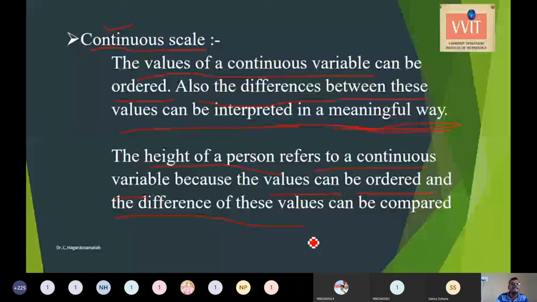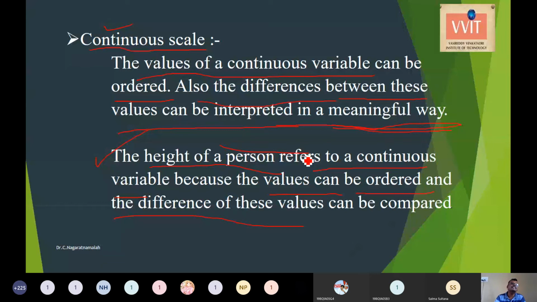A person can easily compare that height to the maximum height, minimum height and average height in the class. It has its own property to define the characteristics of the variable in a continuous way.